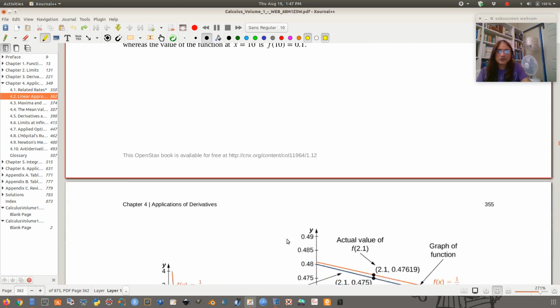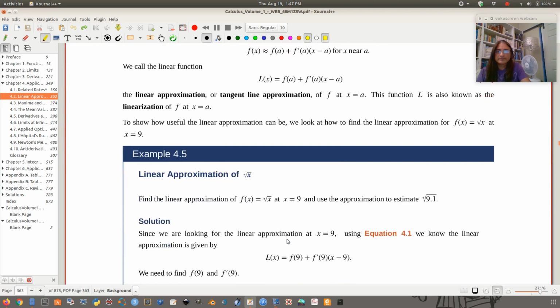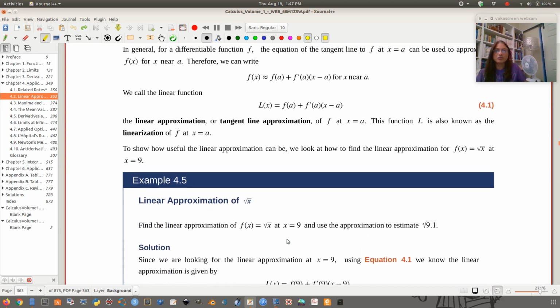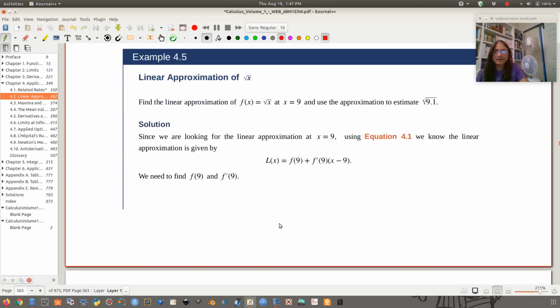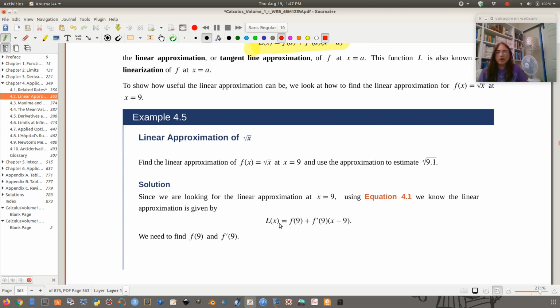The linear approximation y is given by this formula. For example, take square root of x, and we want to approximate at x equals 9 and use that approximation to obtain the square root of 9.1.